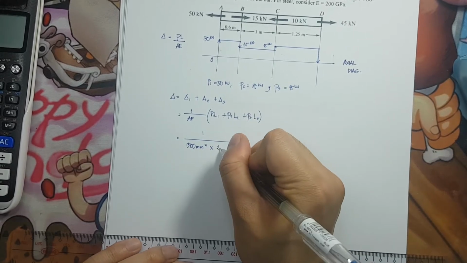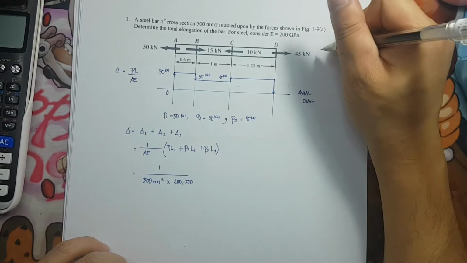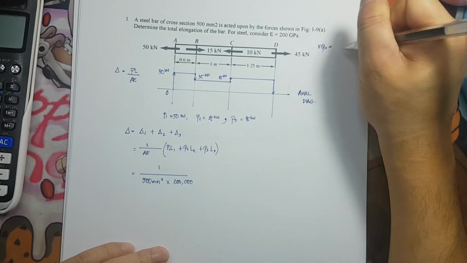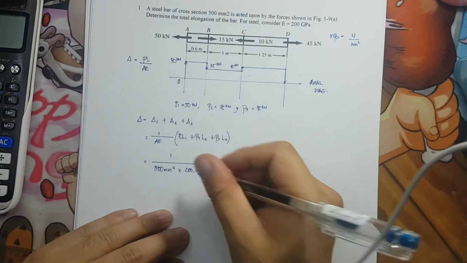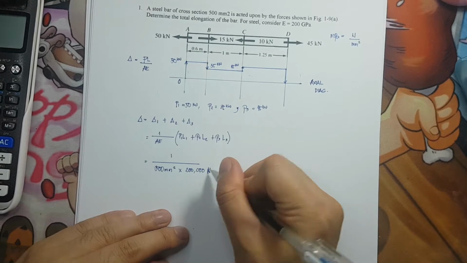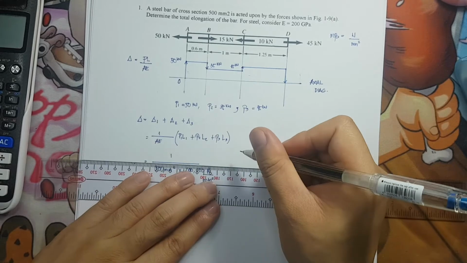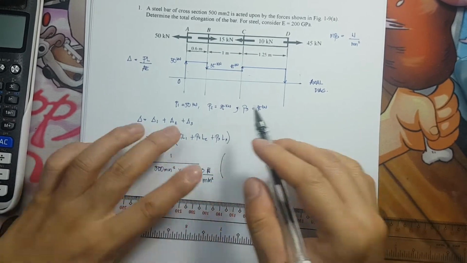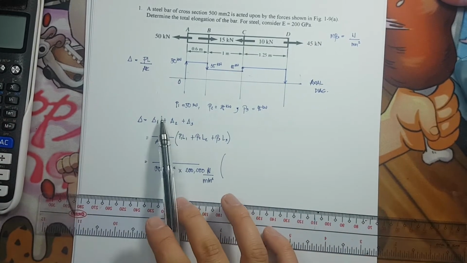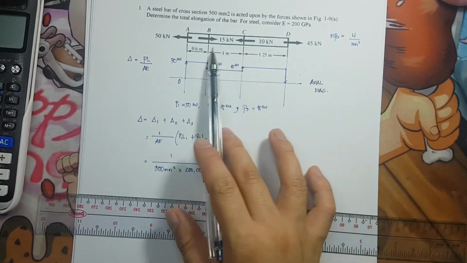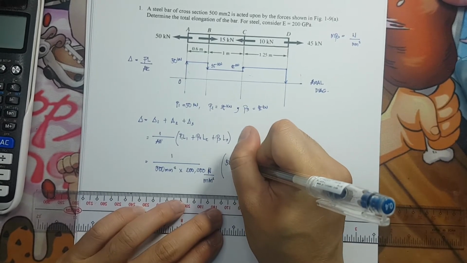Take note that megapascal is also equivalent to Newton per mm squared. Times what would be the P1? P1 is 50, so that is 50,000 newtons.